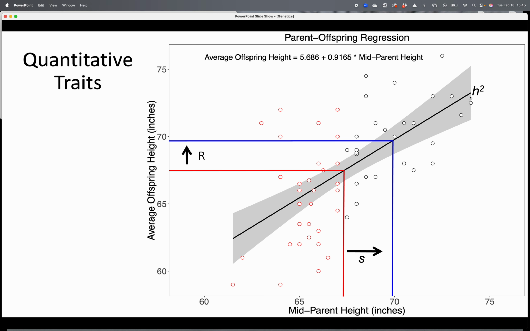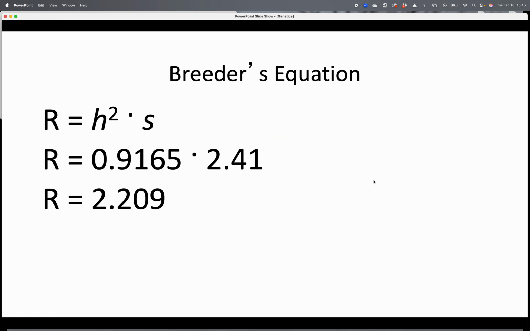And if you took this line and canted it upward just a little bit, you would be getting closer and closer to a slope of 1. As you cant that line upward, you would see that the evolutionary response would also widen because the slope is higher. So, heritability goes from a low estimate of 0 to a high maximum of 1.